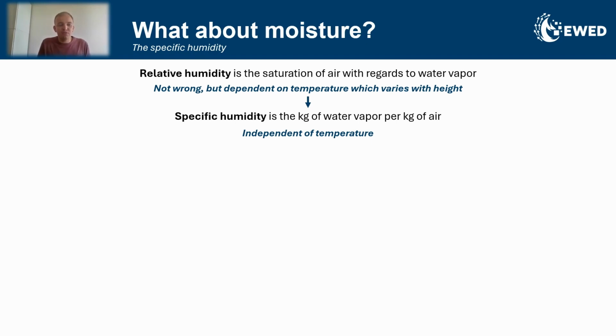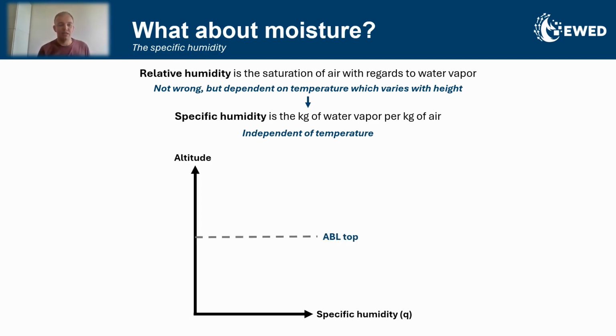So how would it look in a stereotypical daytime boundary layer profile? If we take a standard profile and we define somewhere a boundary layer height, we know that within this atmospheric boundary layer, this convective boundary layer as it is during daytime, we have constantly convective parcels going up and other parcels going down, constantly mixing the whole atmospheric boundary layer.